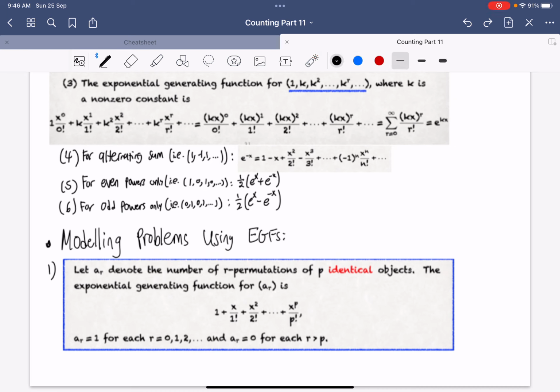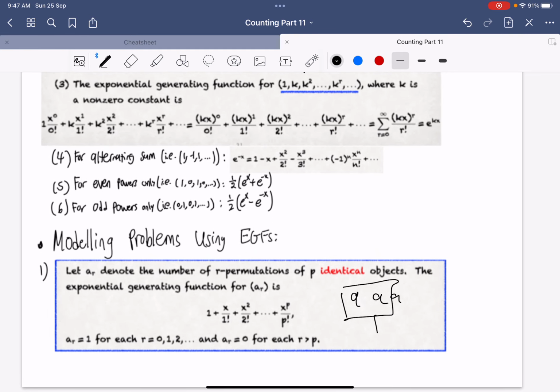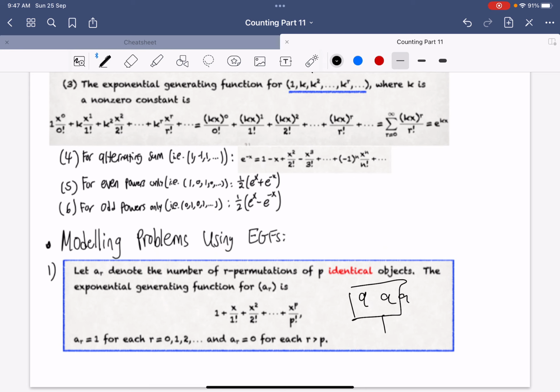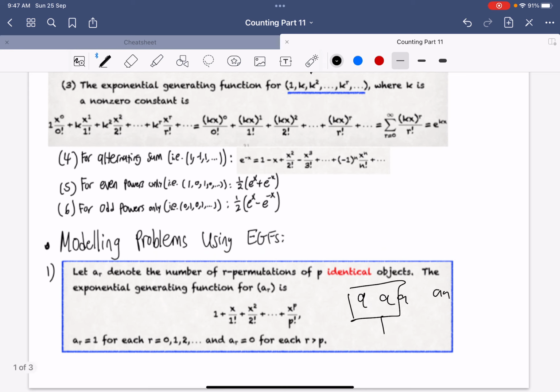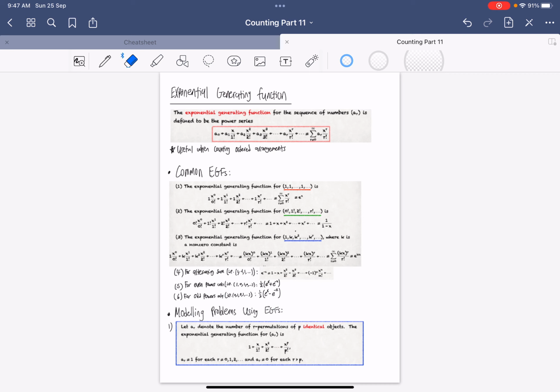For example, if you have A and A, then the number of 2-permutations is just choosing these A's, which doesn't matter, so it's one way. And then you permute them, and because A and A permuted is still one way, times 1, that's 1. So all the coefficients are 1, and that's why the generating function is in this form. You might think this is a trivial case, but we'll see why this case is applied to later problems.